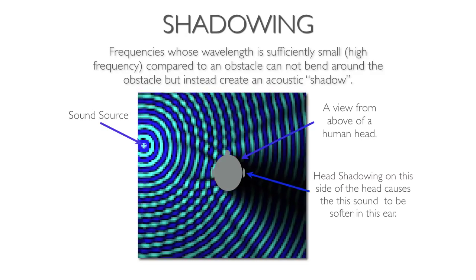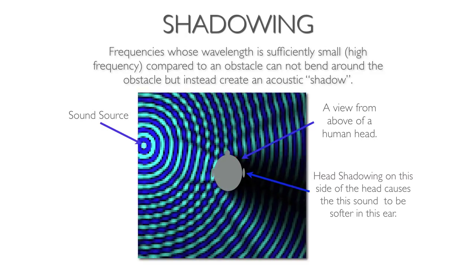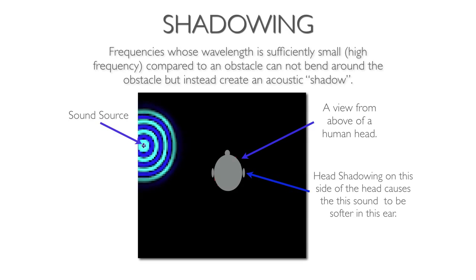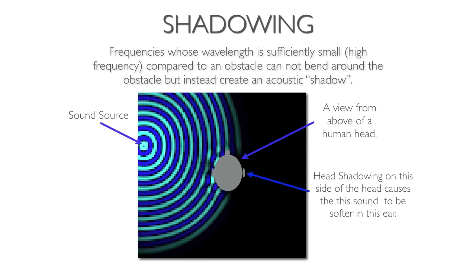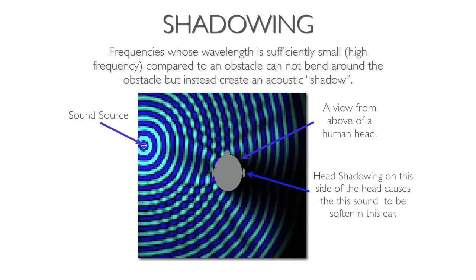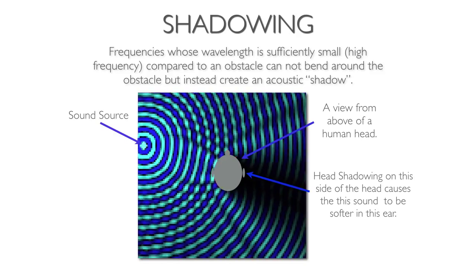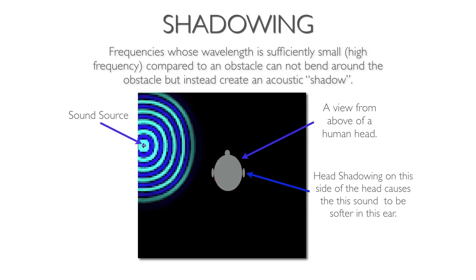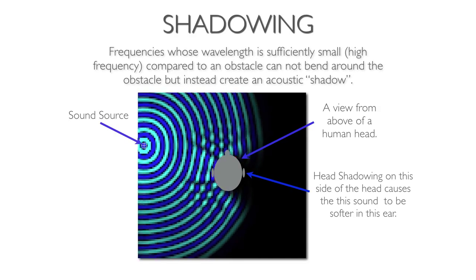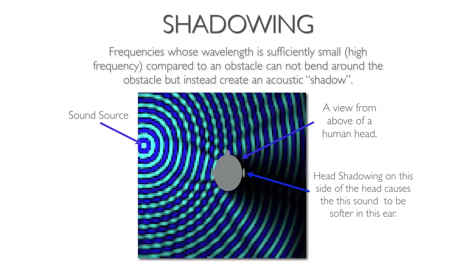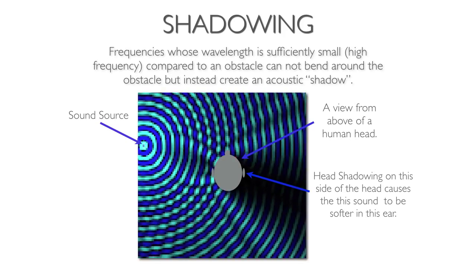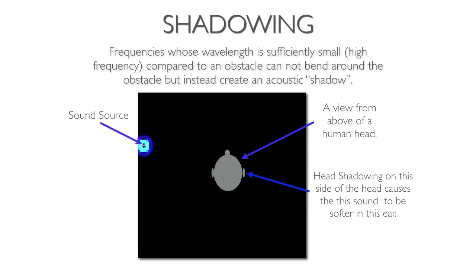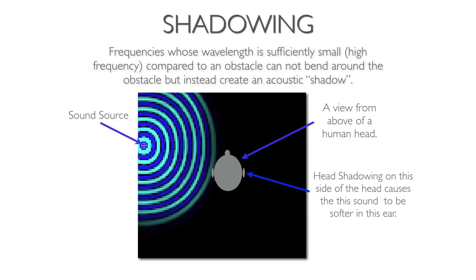And you can see the sound hits the left ear, but on the right side of the head, it doesn't really get to the right ear because the head is actually blocking the sound waves. This only happens when the frequencies of the waves are high enough so that the wavelength is shorter than the size of the head.